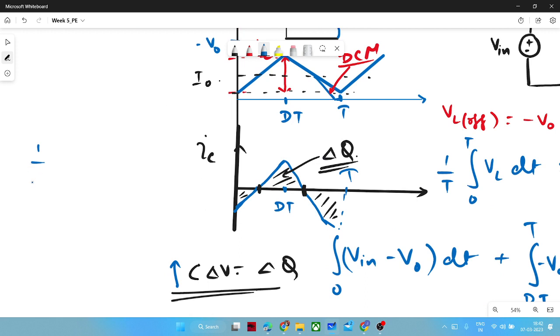So delta Q will be, delta Q by delta T is I, right? So it is delta IL by 2, and this is IL by 2.